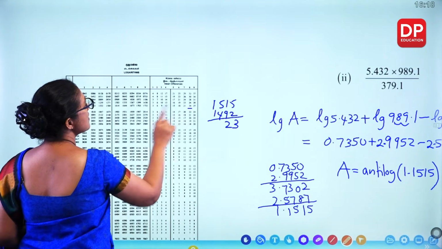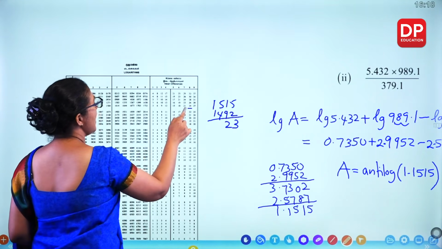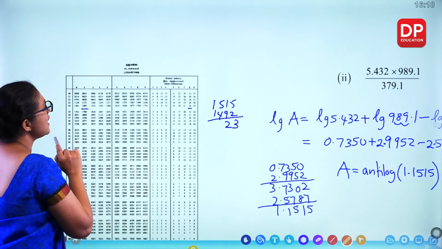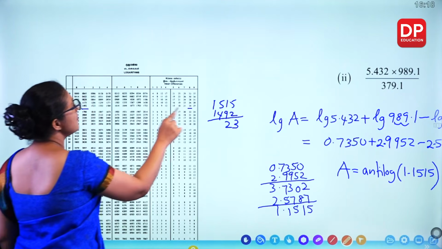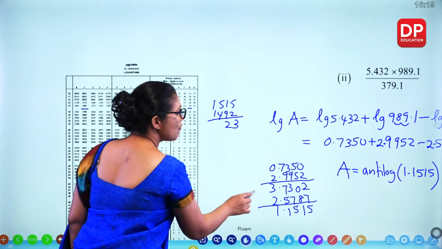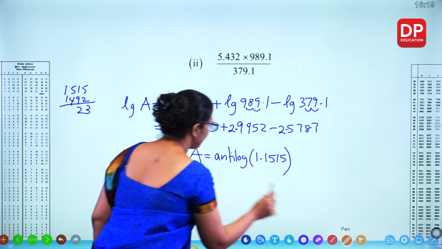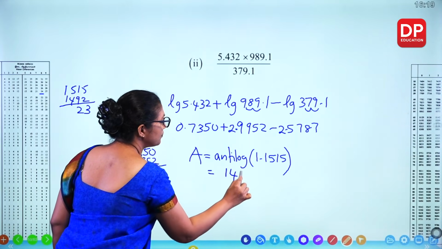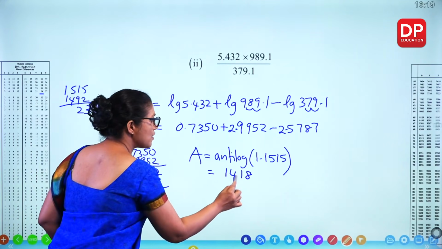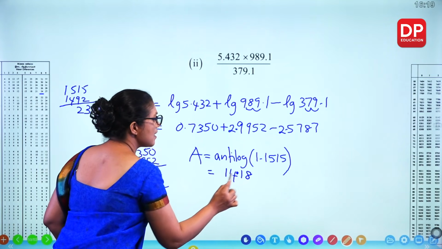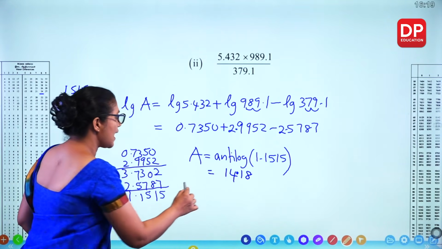That's this number. So closest value you can take as 8. So 14, 1, 8. Characteristic is 1, so you have to move one place to the right. Answer is 14.18.